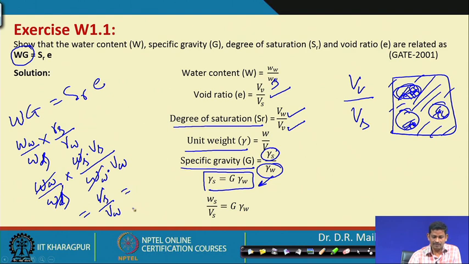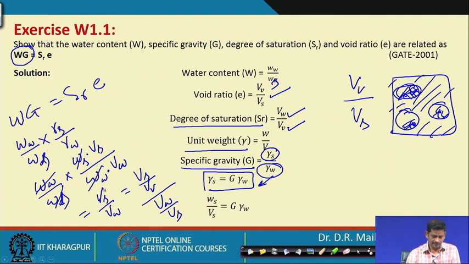Then we divide both sides by V v, so V s by V v divided by V w by V v.